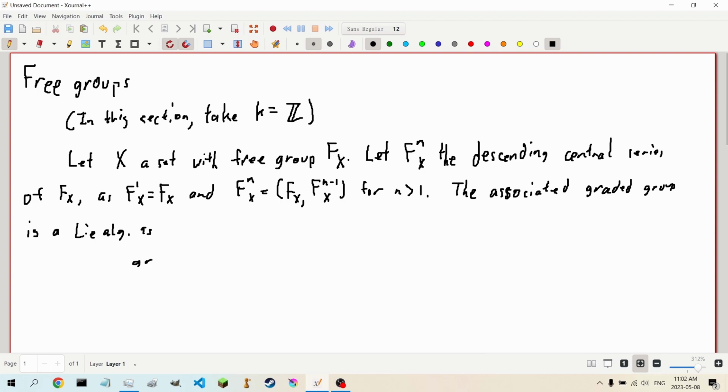The graded group of F(X) is the sum of all of the gr^n F(X), with the nth grade gr^n(X) being the quotient of the nth element in the descending central series of X divided by the following n plus 1 element.